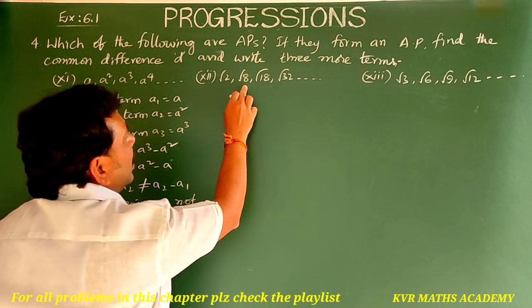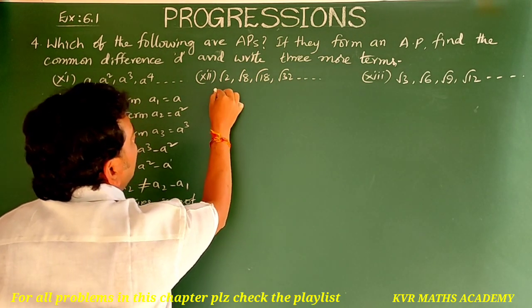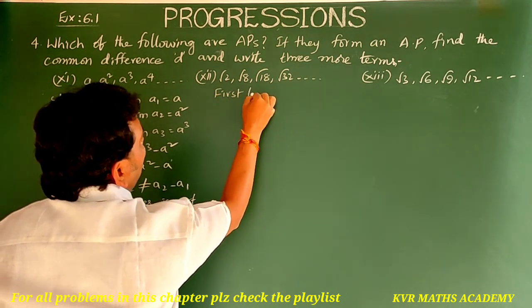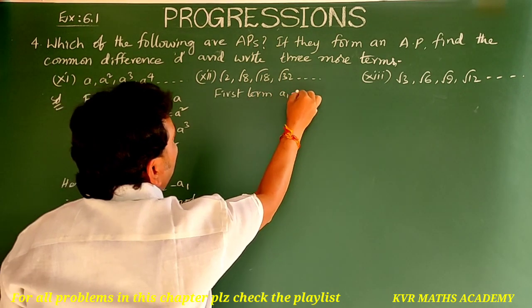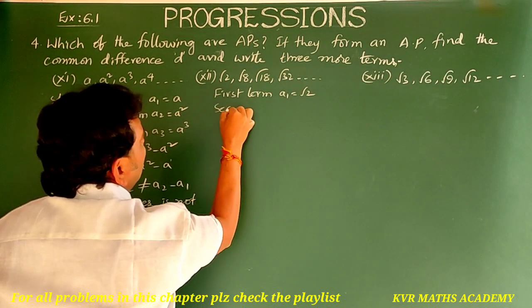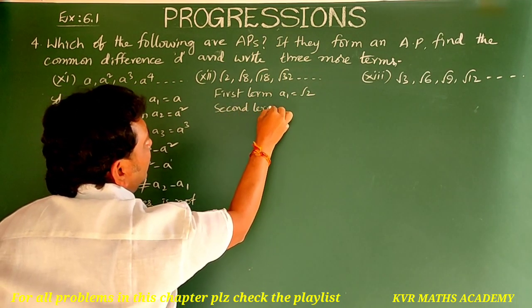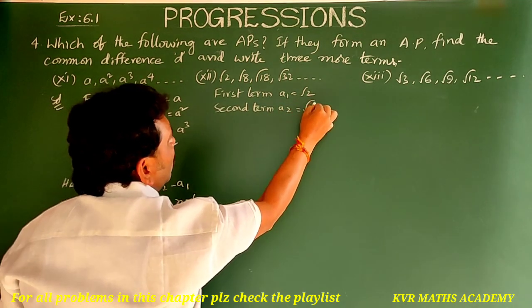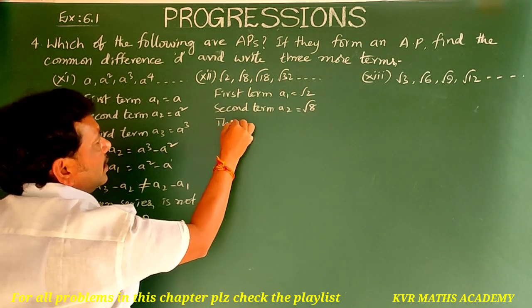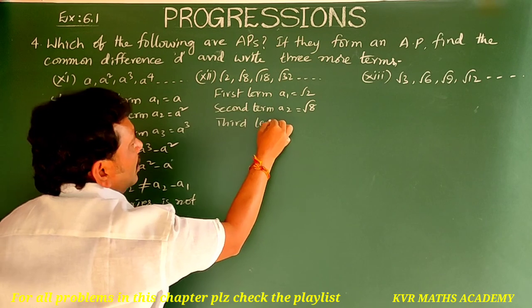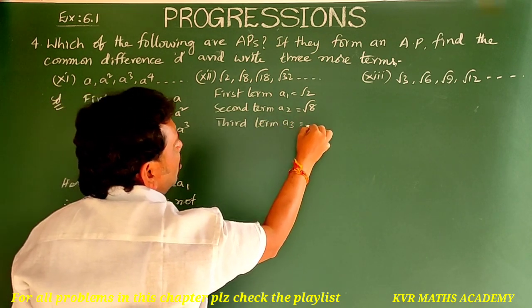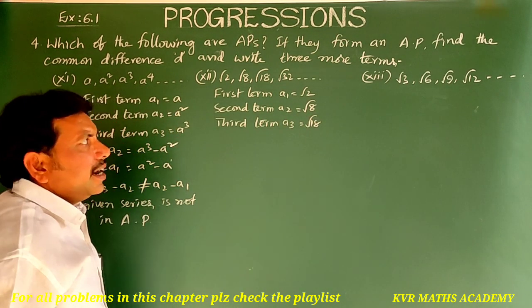Yes, root 2, root 8, root 18, root 32. Yes, first term a1 is equal to root 2. Second term a2 is equal to root 8. And third term a3 is equal to root 18 has come. Right?